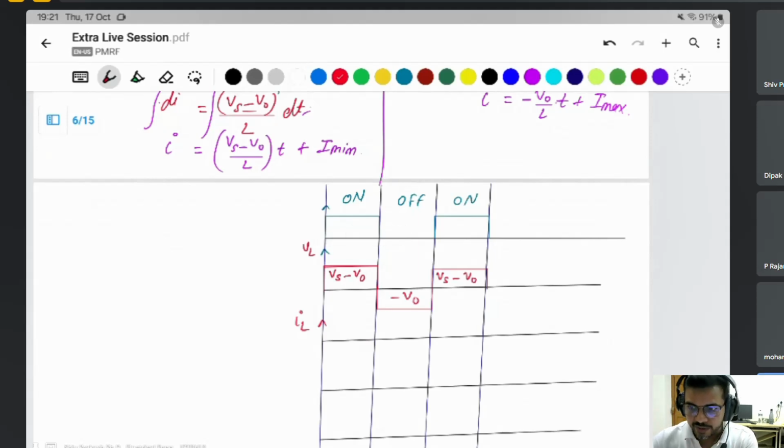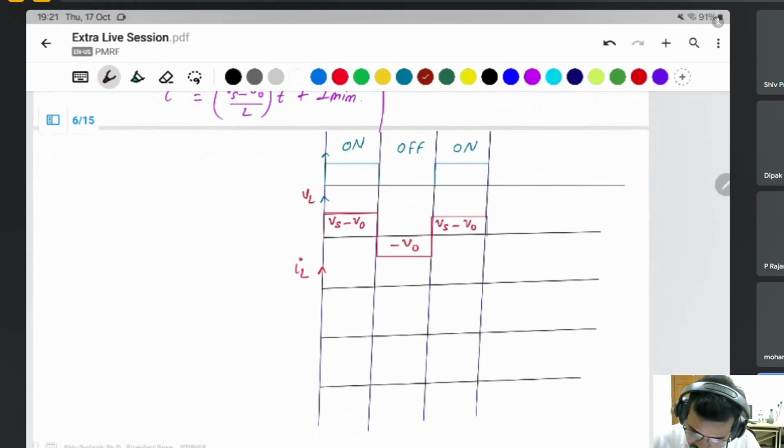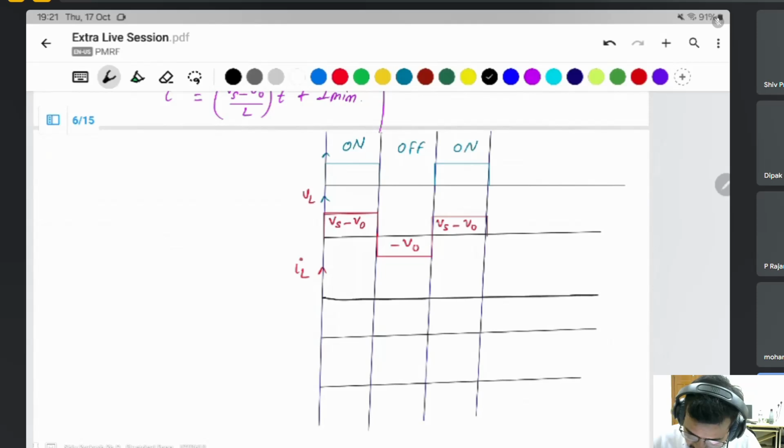In an inductor, if I have positive voltage, then the inductor current will be increasing. Increasing from where? From I minimum. Suppose this will be the I minimum current and somewhere is the I maximum current.